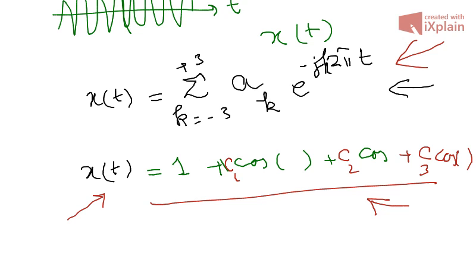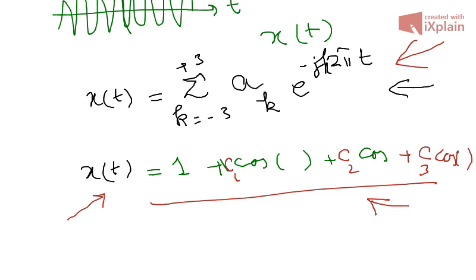So in this example what we learned is that the sum of complex exponentials can be viewed as a sum of sinusoids, right? This was the basic theme.